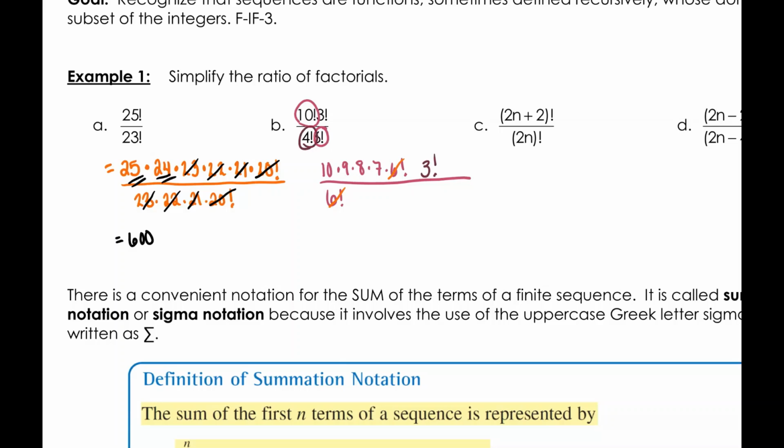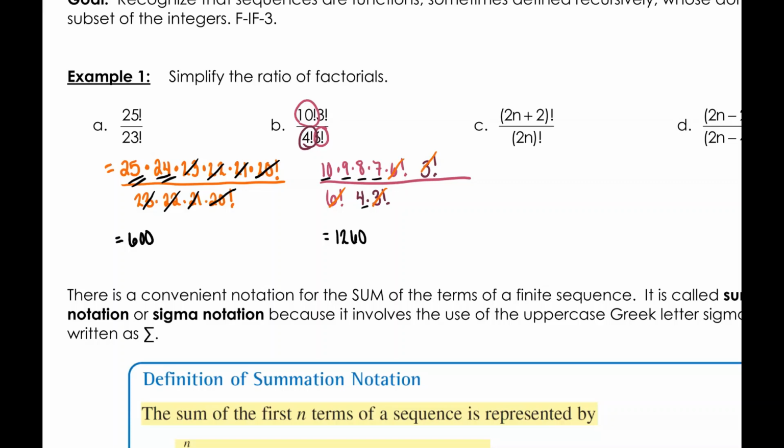But my denominator of 4 factorial would be 4 times 3 factorial. So then the 3 factorials would also divide out. Okay, and then all we have left is 10 times 9 times 8 times 7 divided by 4, and the math for that works out to be 1260. Okay, so common factors that are on a factorial divide out.